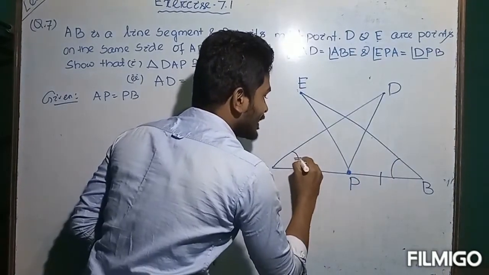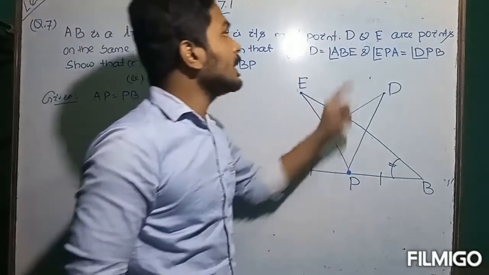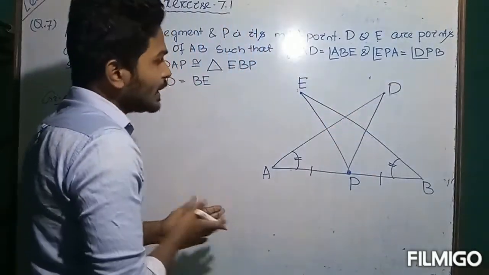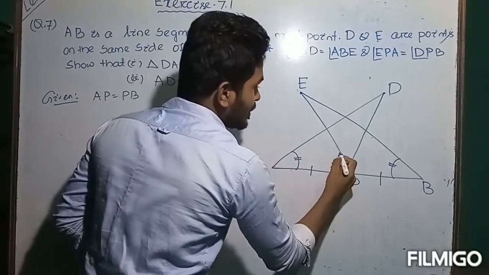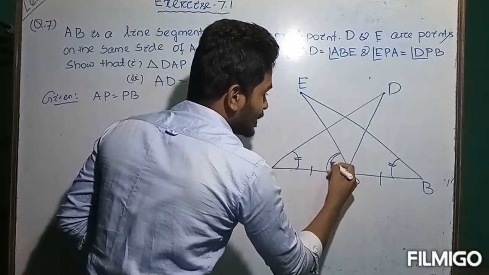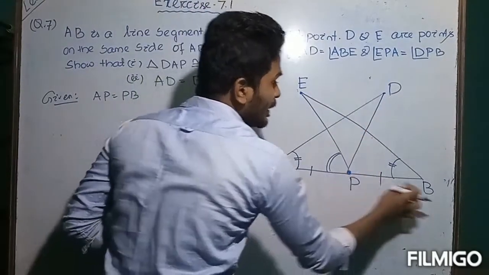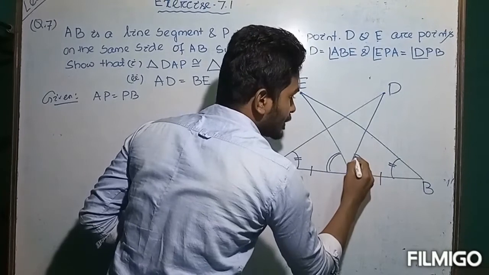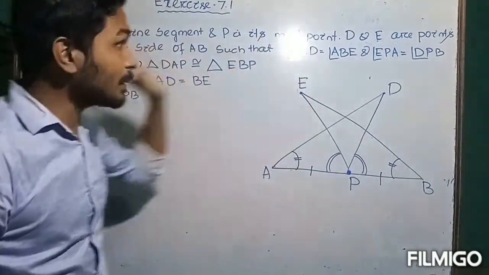So it is given that this angle is equal to this angle. Clear? And EPA, this is EPA, is equal to DPB. Understood? So these are the data that has been given from this statement.